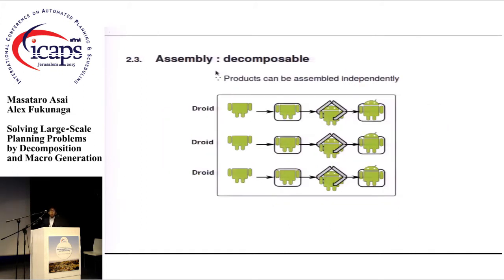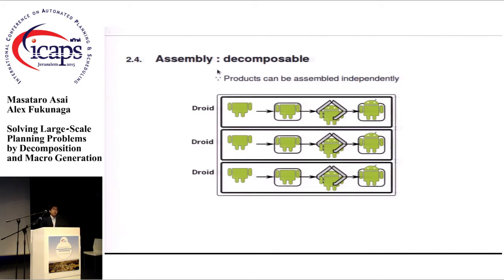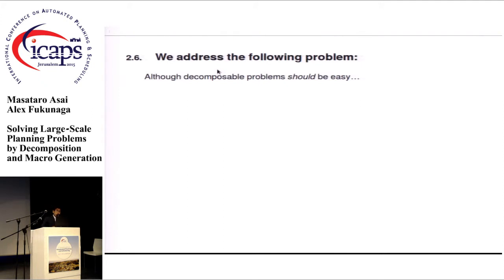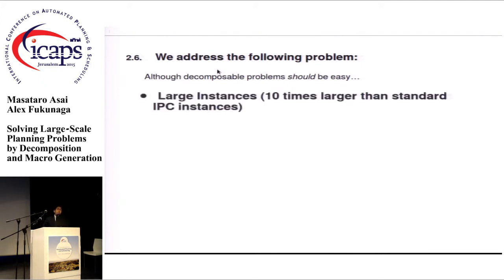Such decomposable problems, in which the products can be assembled independently, can be divided into sub-problems, each with a sub-initial state and sub-goals. These are easy, but we focus on this type of problem because, although they are easy, large instances which are 10 times larger than the standard IPC instances are still unchallenging for modern planners like FD.